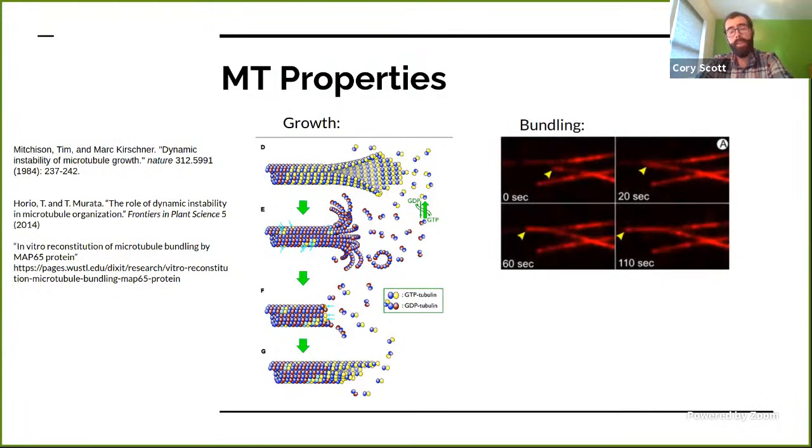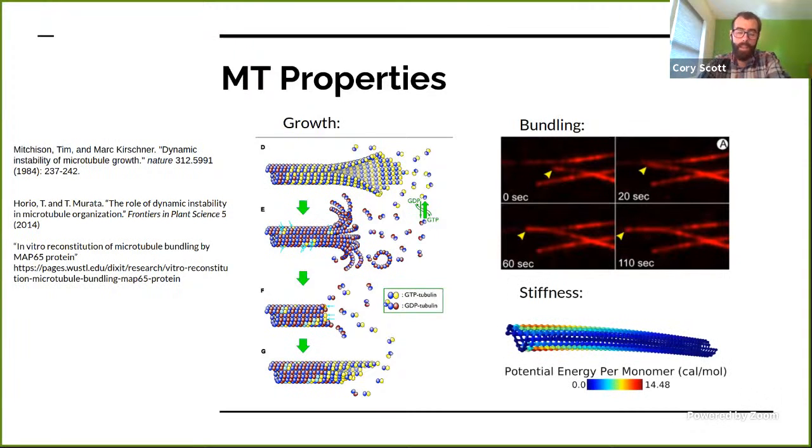They can also bundle. This is another microscope view of a couple of microtubules colliding at a very slight angle and fusing together, or wrapping around one another. By bundling, microtubules can form really complex, really strong, rigid structures inside the cell.